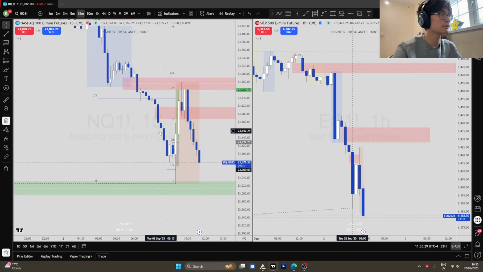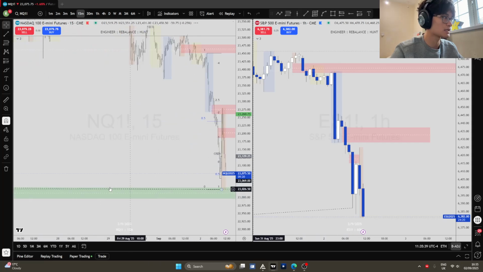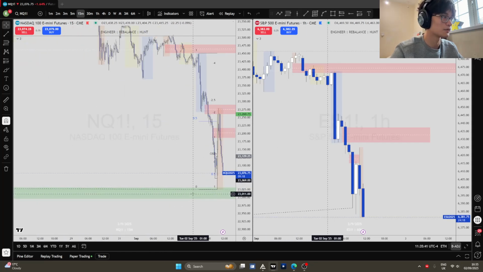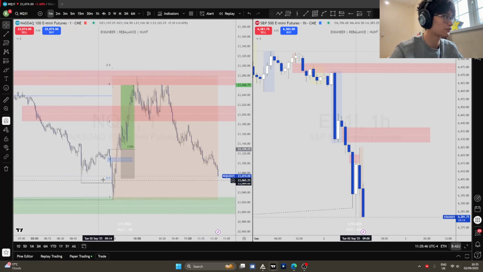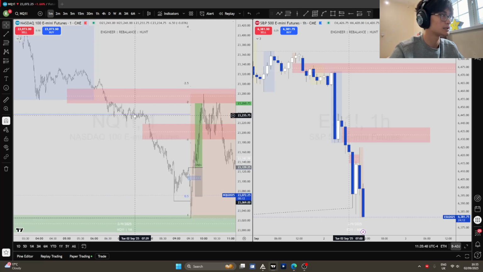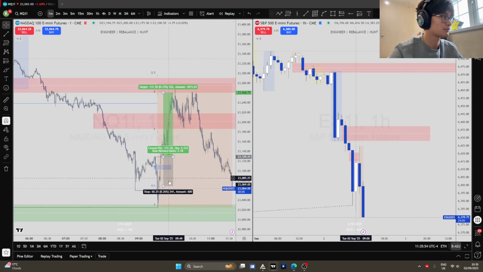Okay, so the only thing that I would say would be kind of a red flag is these imbalances down here. The reason why I still took the trade anyway was because of that SMT, because of this 4 hour BISI, and because of this low time frame soup. Also, we had this market maker sell to buy. So overall, it just looked pretty nice, right?